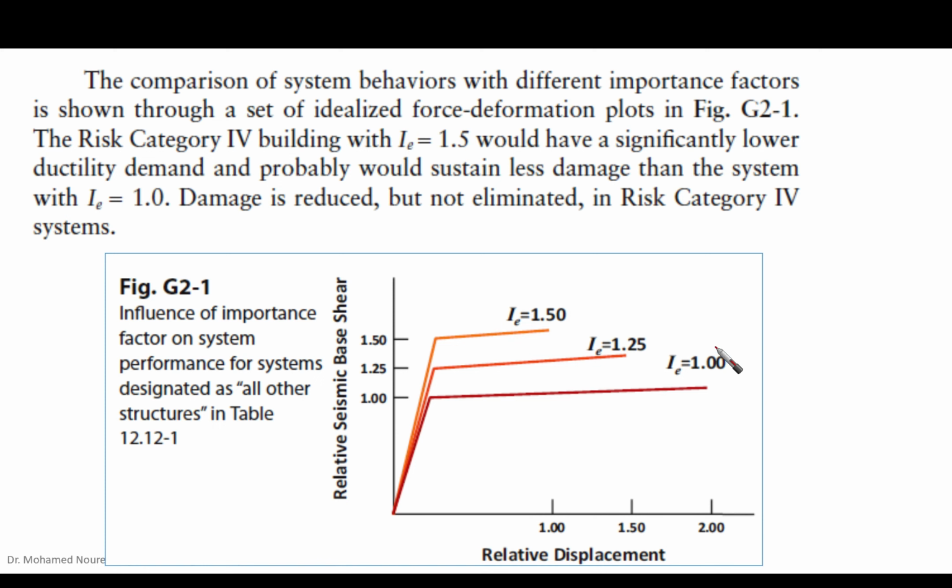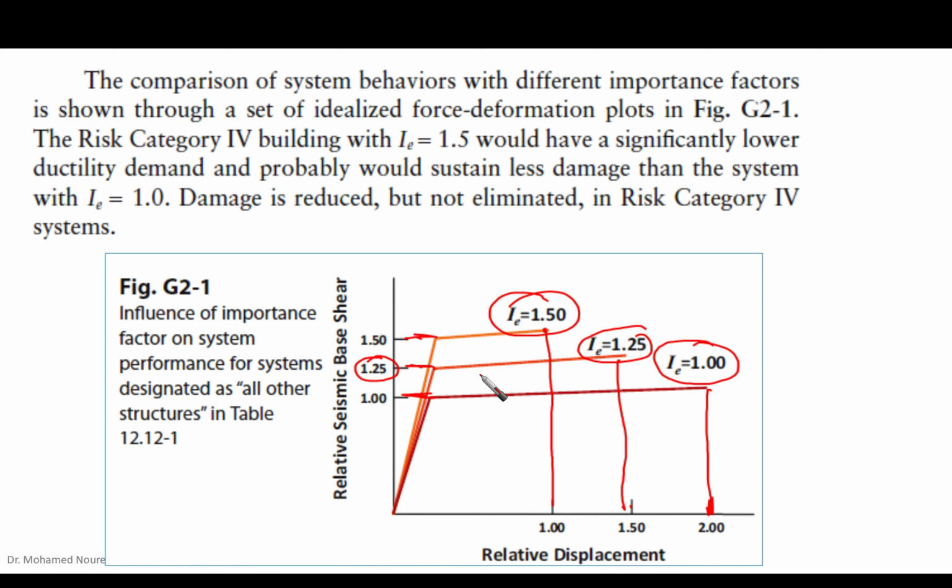As you can see, if we use importance factor 1, there is more ductility demand. With 1.25, the relative seismic base shear is increasing and the ductility demand is less. If we use 1.5, the ductility demand is less and less, but the base shear is higher. This is the meaning of the importance factor, how it will change our capacity curve or the pushover curve.